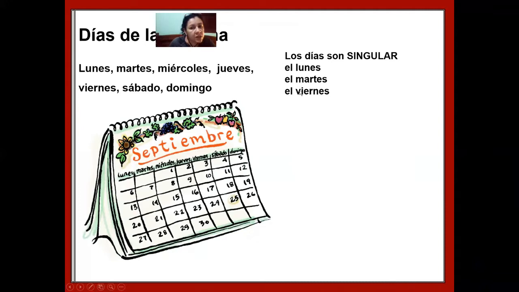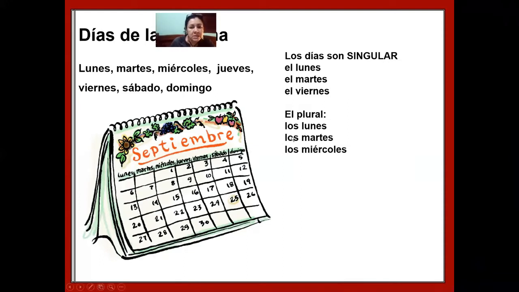Notice that in Spanish, we don't capitalize days of the week, okay? We put them in lower case. Now, what happens when you do get a plural day, meaning when you say, I work on Mondays? In that case, the plural would show in the article. So instead of using el, we use los.